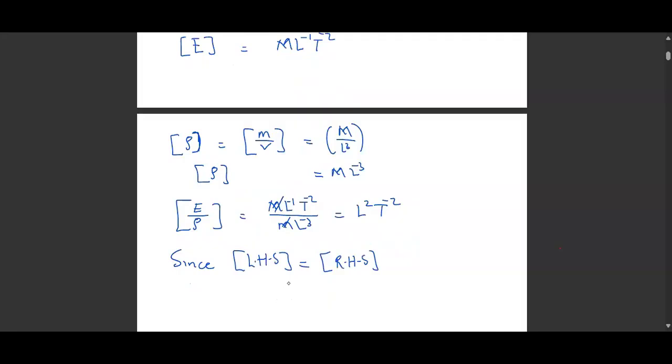So for this case, our equation V squared is equal to E divided by law is the dimensional consistency, since the left-hand side is equal to the right-hand side.